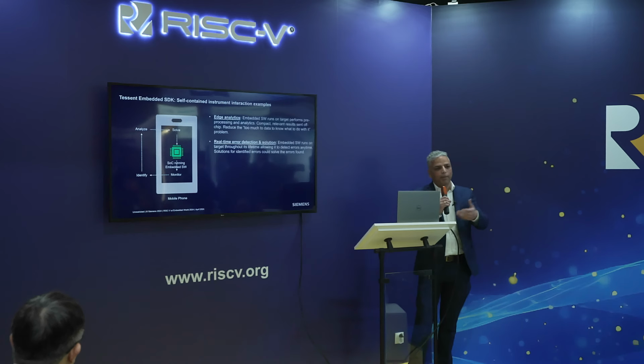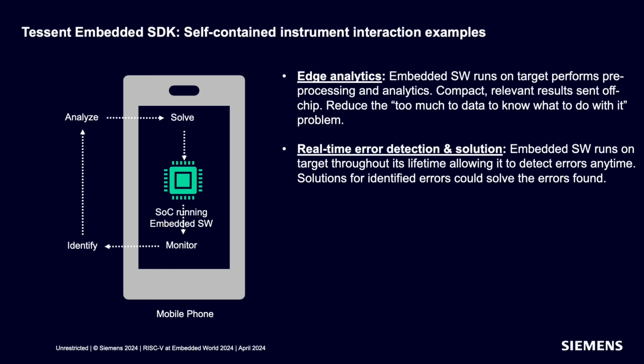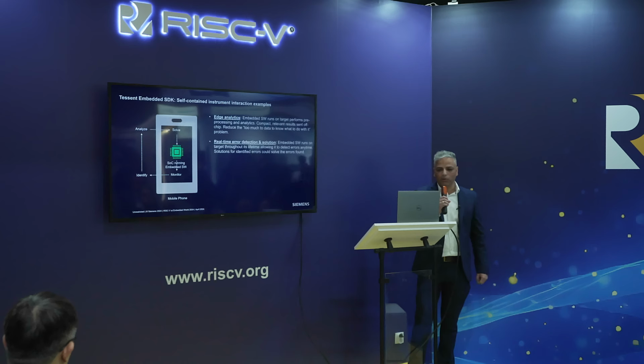When the software which is running on them can detect a particular condition, some sort of error, it can trigger certain events. Then the embedded software can communicate that off chip if required, and you can analyze why this error was caused and accordingly modify the code, if that is what will help to solve the problem.